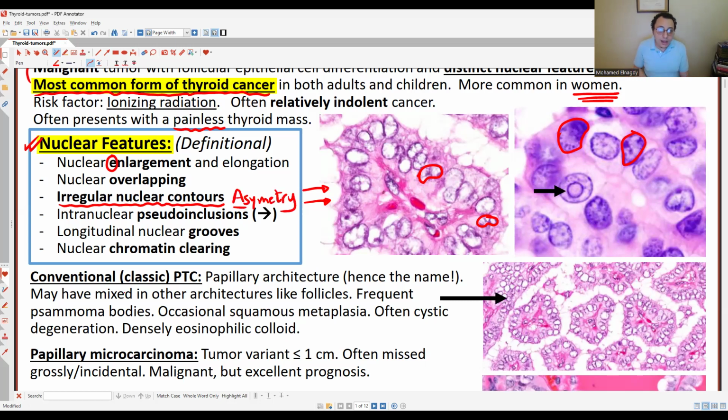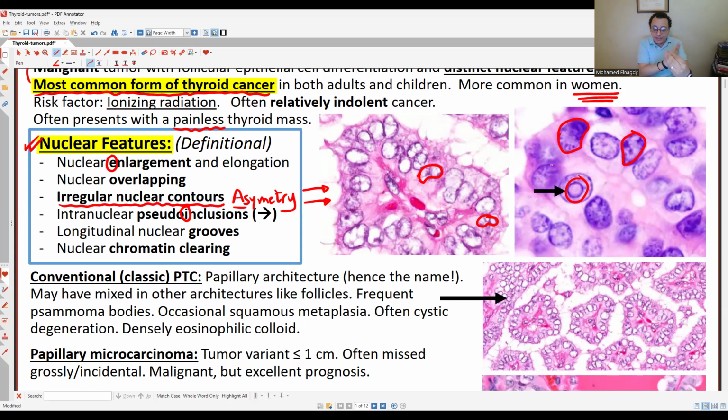So I stands for the inclusions, which are actually pseudo inclusions. Here it is. That's how the inclusion looks. And these inclusions are actually due to finger-like papillary cytoplasmic projections coming out from the nucleus.